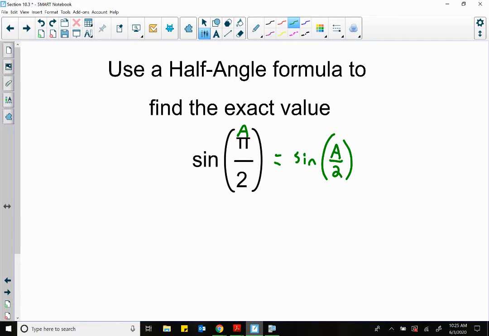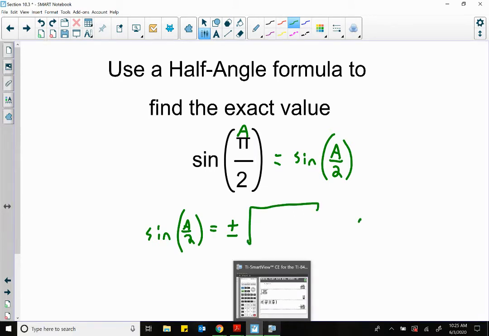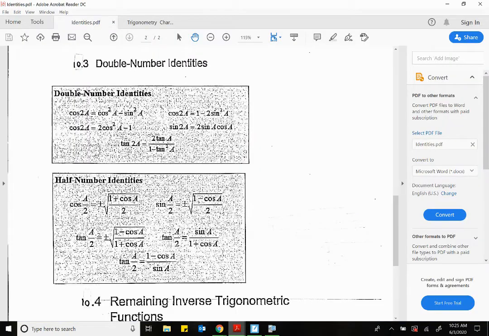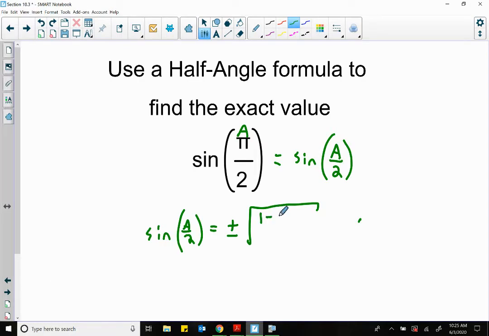All right. So, half angle. Sine of A over 2 equals, we go with plus or minus the square root of, sorry, I forgot the formula, 1 minus cosine A all over 2.